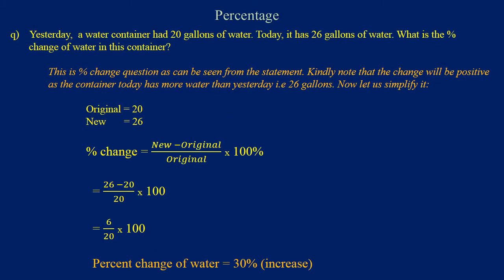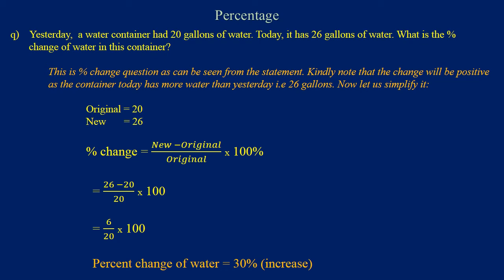Okay, this one is also a percent change question, but let's see how it is different from the question that you've already done. Now, this question says that yesterday a water container had 20 gallons of water and today it has 26 gallons of water. What is the percent change of water in this container?